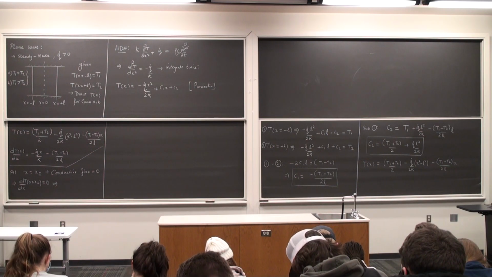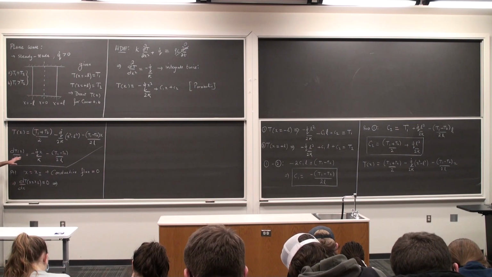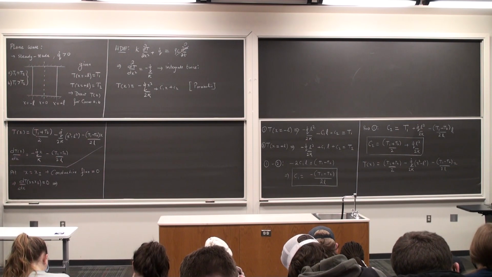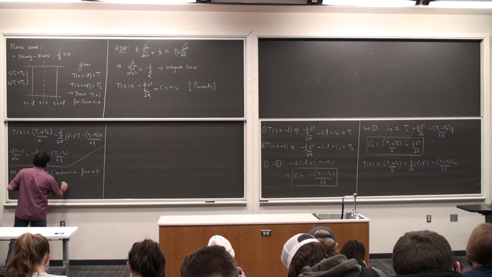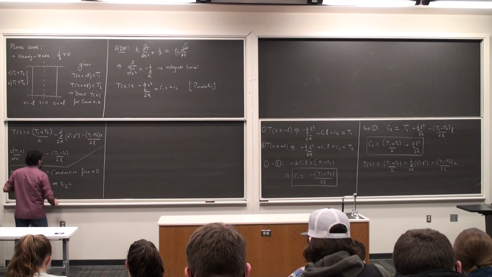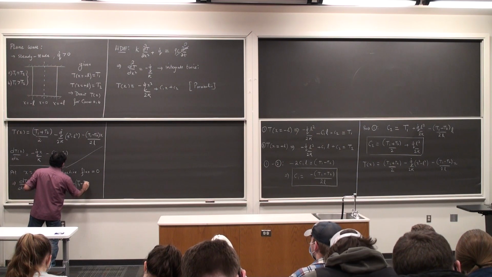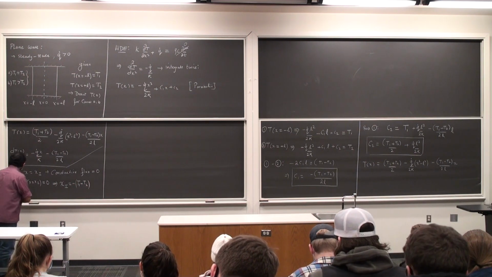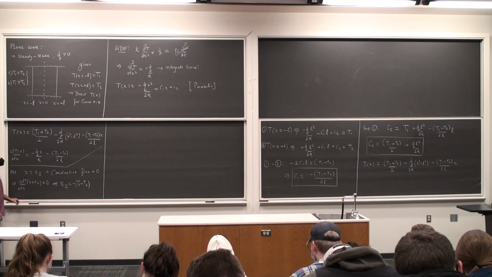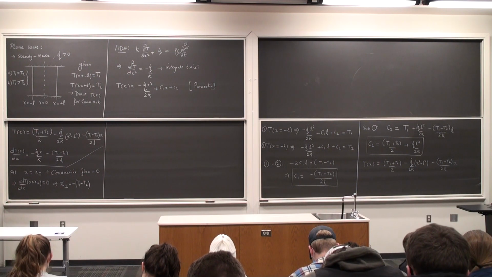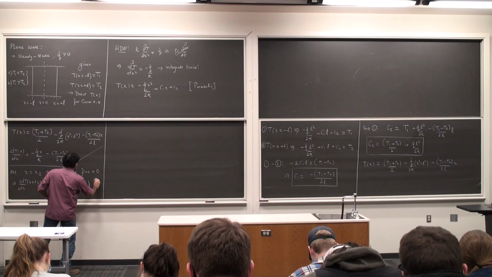Which tells me if I rearrange this, at x is equal to xi, I get the following. So xi is equal to minus T1 minus T2, and then I'm going to have k by 2L q dot.